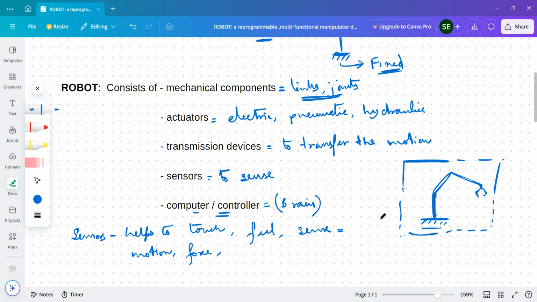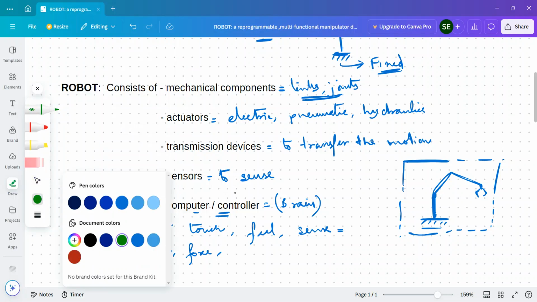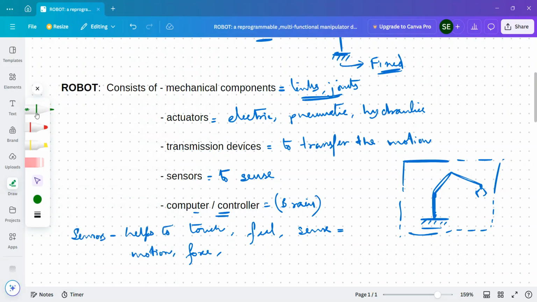The most important function of sensors is that they are used for feedback control. This is an important technical term.